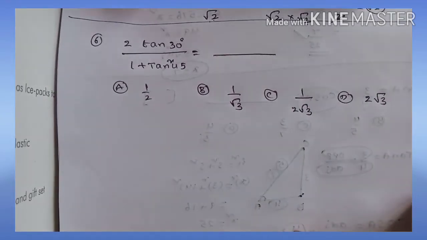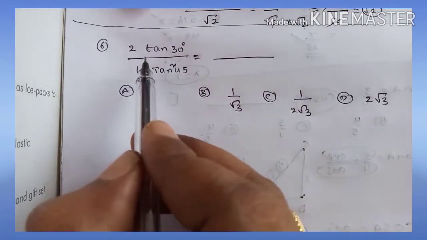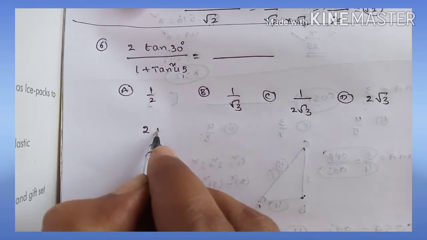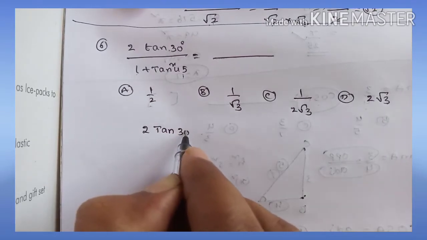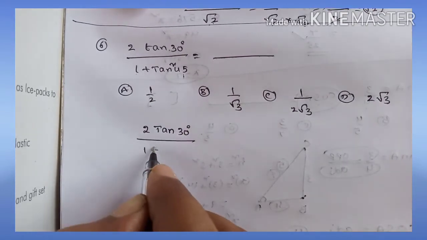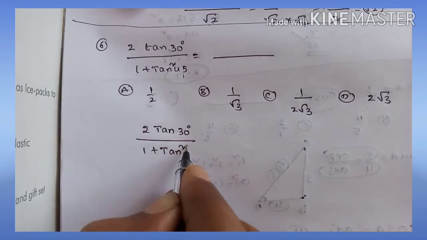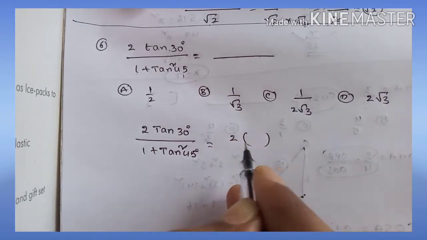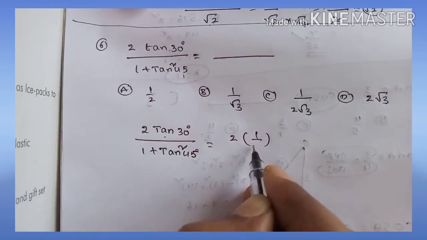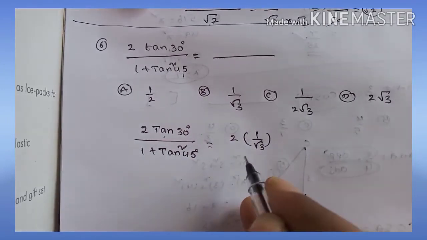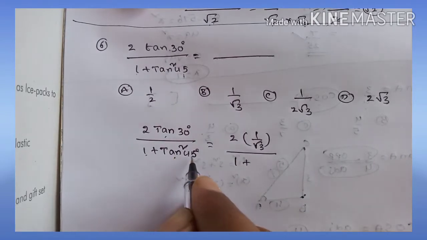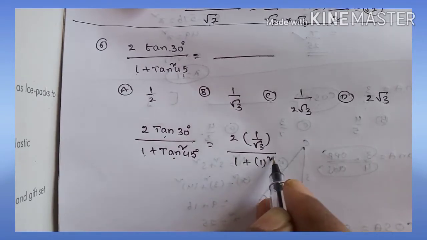Well, the next problem: 2 tan 30 by 1 plus tan square 45, question values are given. 2 tan 30 by 1 plus tan square 45 degrees: 2 into tan 30 value 1 by root 3, by 1 plus tan 45 value 1, so 1 whole square.